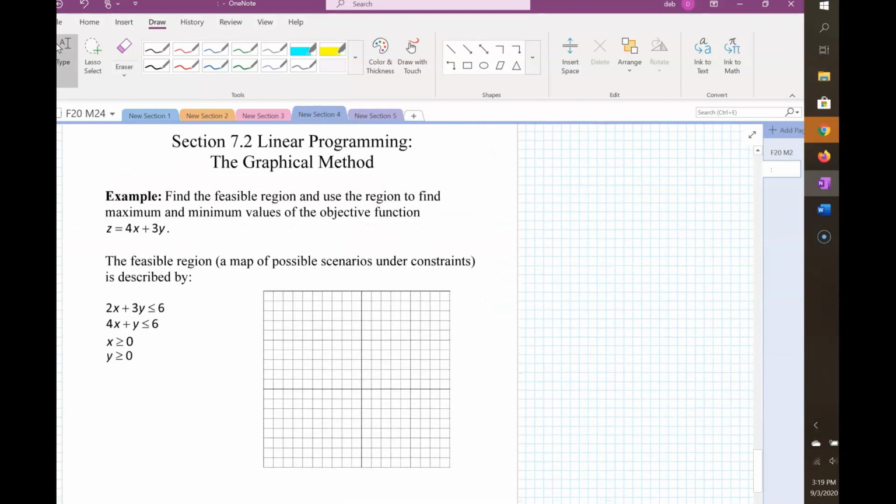So I'm going to pause here and make a second brief video with this example of doing the whole process of graphing the feasible region, finding the corner points, and then finding the maximum and minimum values of the objective function.